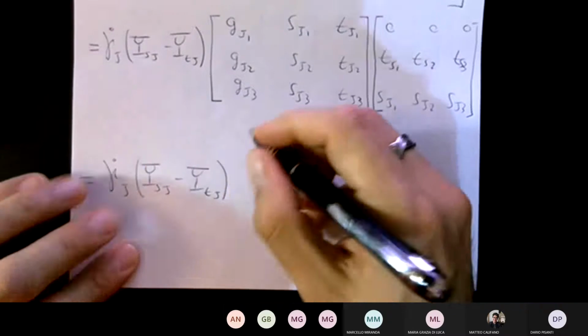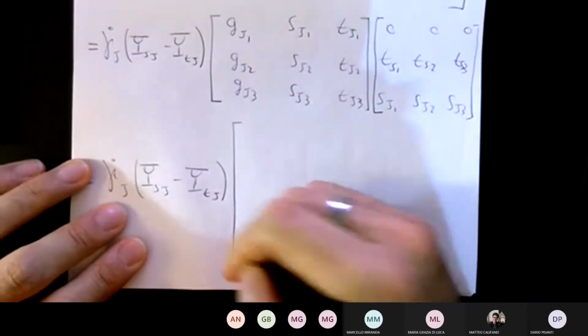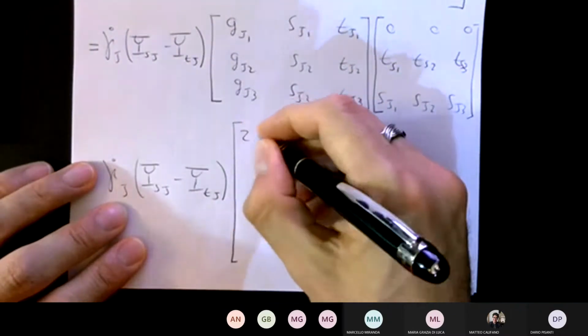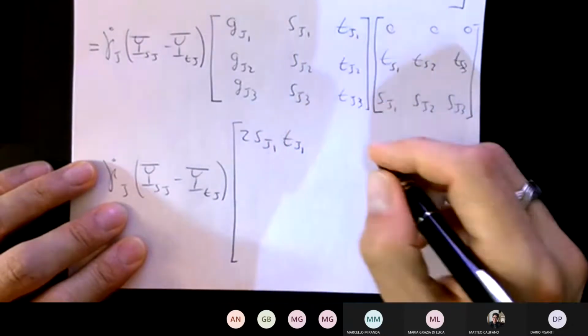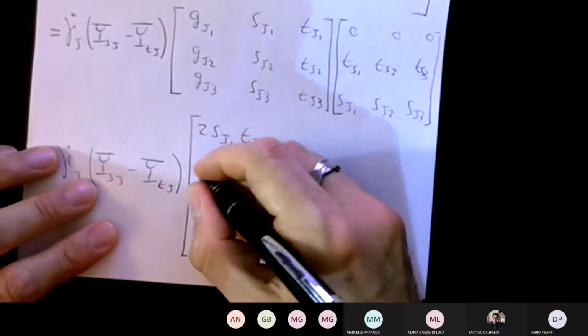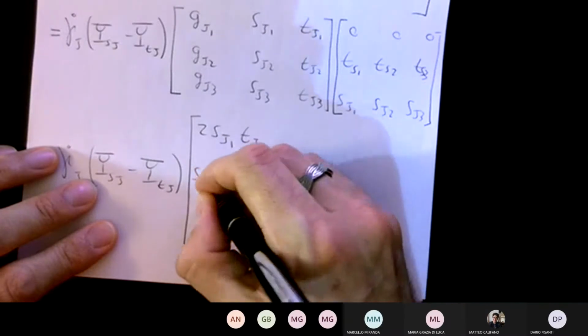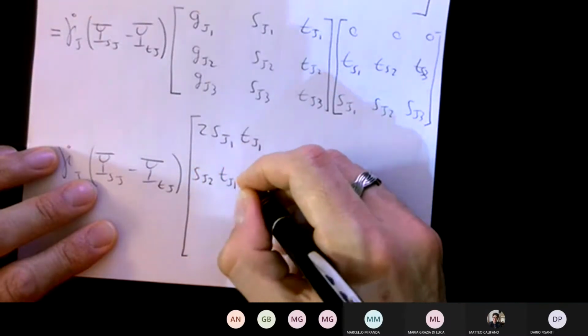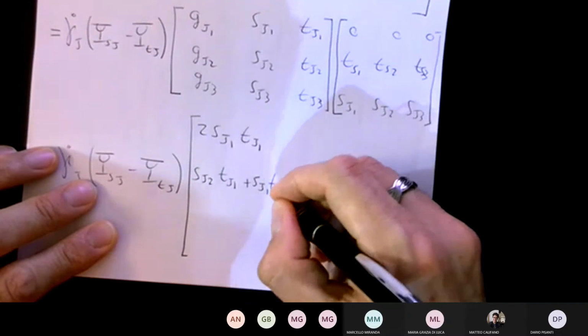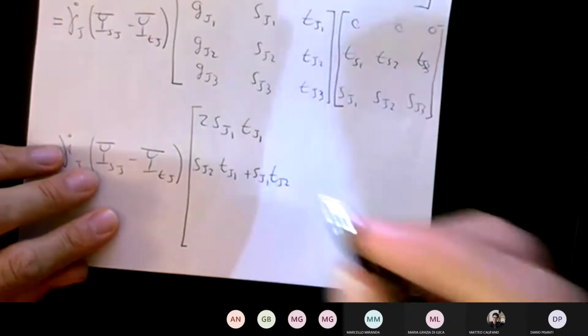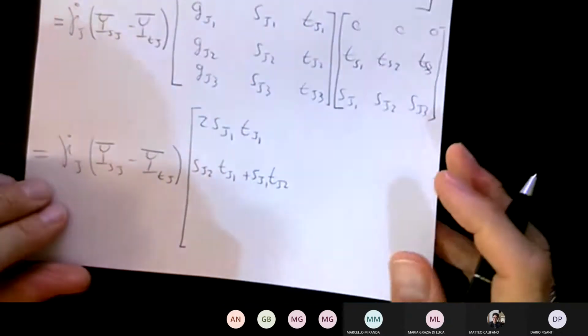I promise I will go back to where we were and summarize why we're doing this. So I have 2Sj1 Tj1, then I have Sj2 Tj1 plus Sj1 Tj2. Then I will never fit in here.